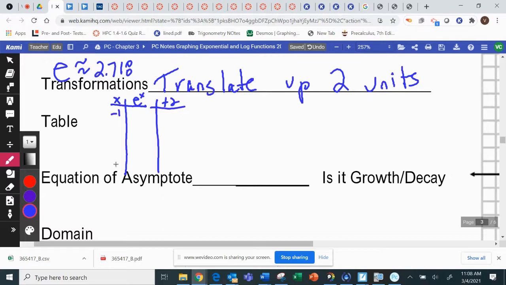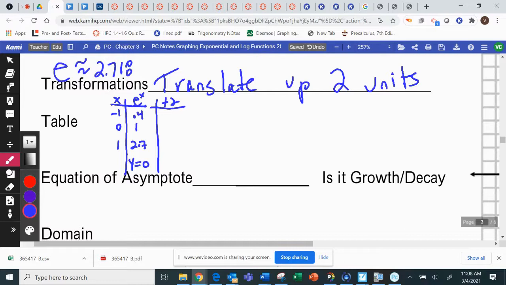For x, I'm going to do -1, 0, 1, and then I'll have my y equals 0 for the asymptote. When I plug in 0, I get 1. When I plug in 1, I get 2.7-ish. And then the reciprocal of this, which you can just memorize, is about 0.4. It's like 0.36 something maybe.